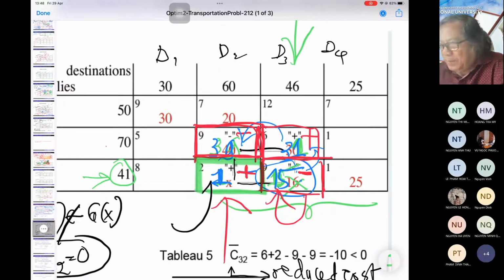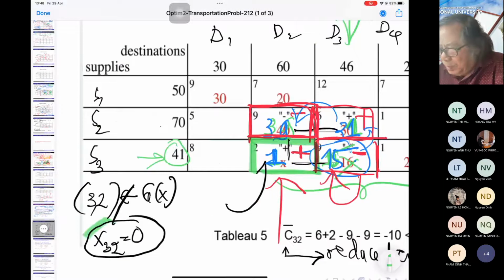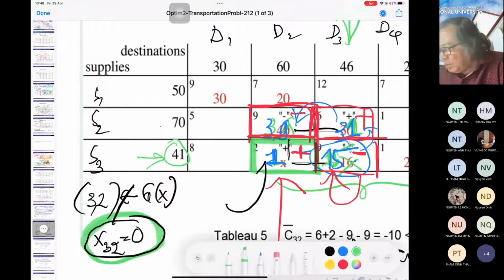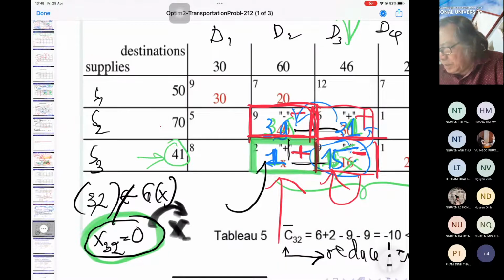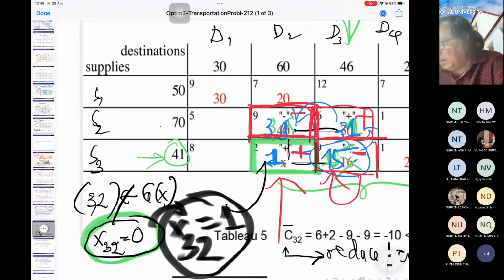Is that okay? The x3,2 at the beginning is 0, and now I change it to 1. Is that okay? I change it to 1 here. You see, this change makes the next ones change: 16 becomes 15.